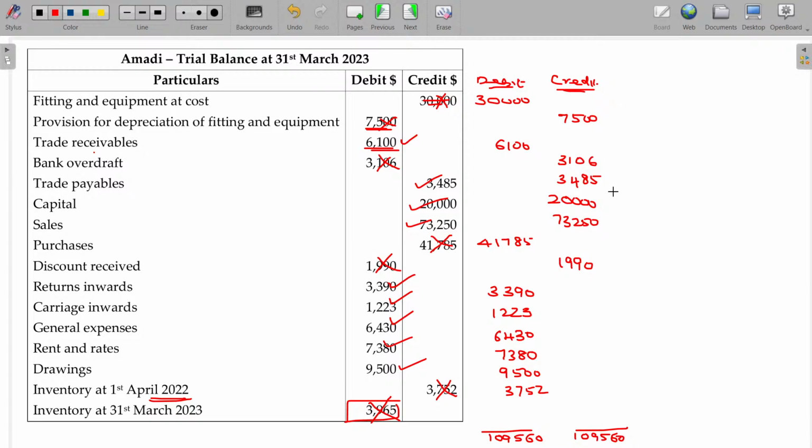So you get a difference of 229. I name this the suspense account. In the next chapter, you have to adjust this under the rectification of errors chapter. We will study that along with the rectification of errors chapter, not here. 229.